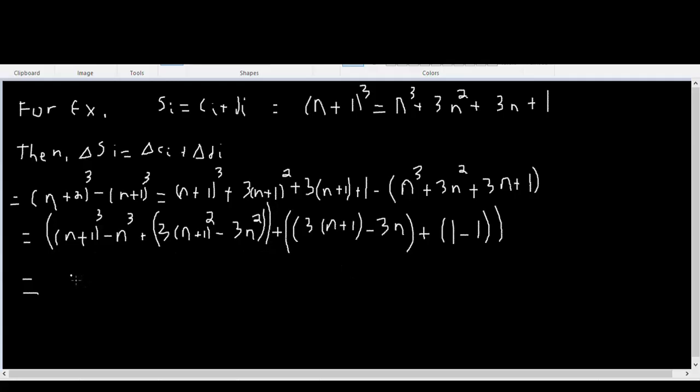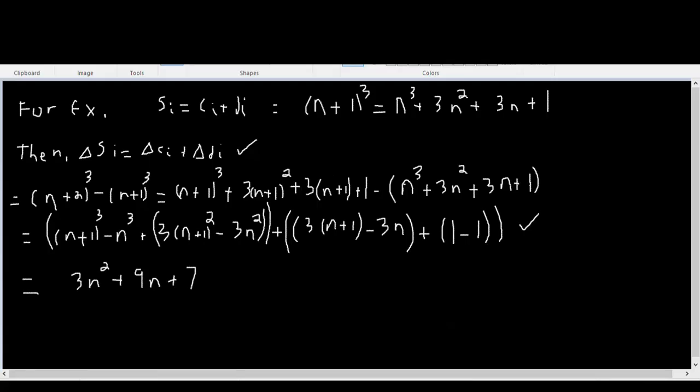And generally speaking, notice that the whole expression is actually a sum. Well, the difference of c sub i plus the difference of d sub i, the following expression. And that checks. Save a little bit of time.